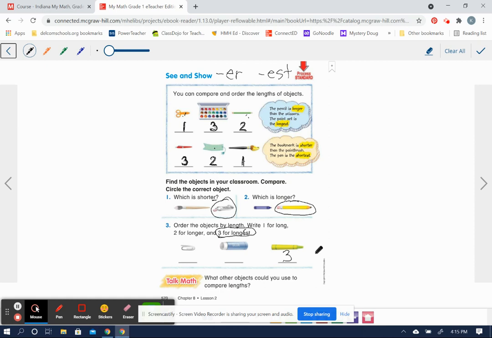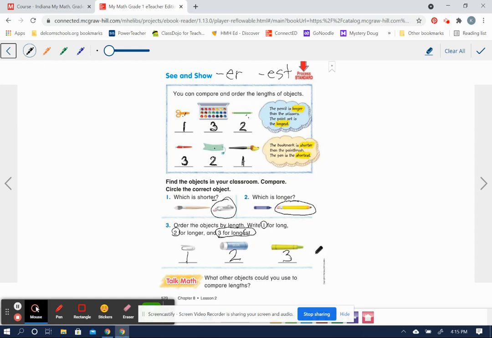Then when we compare these two, which one is longer? 2 for longer. Of course, it's the glue stick. So that leaves number 1 for the last one. So they're saying that the paper clip is long, longer, longest.